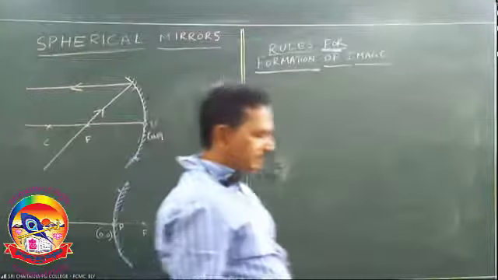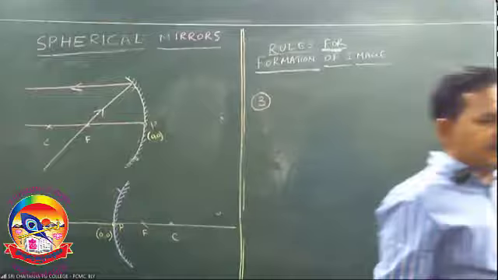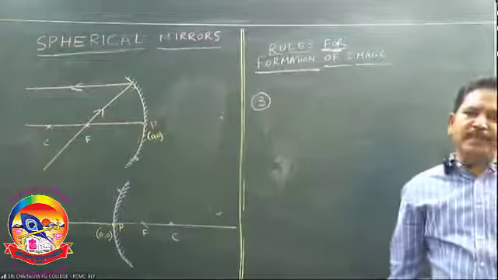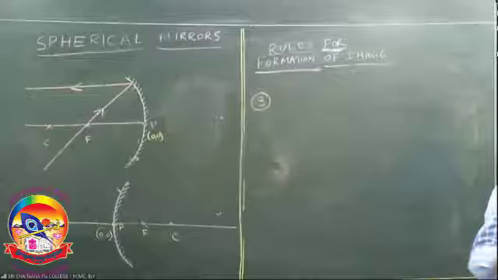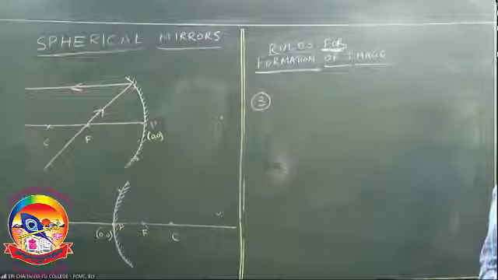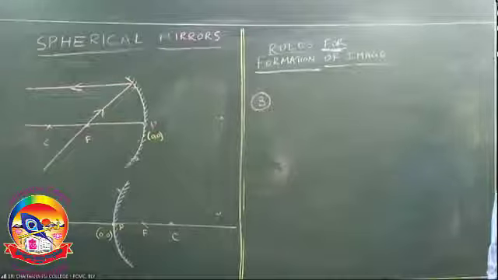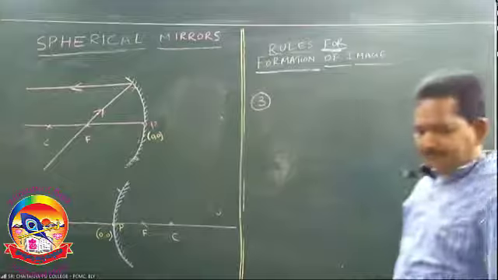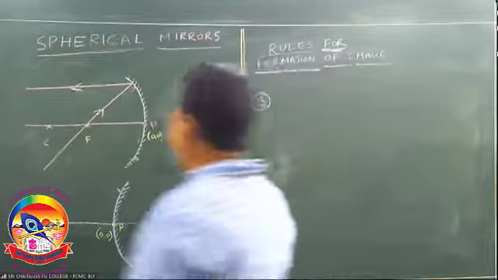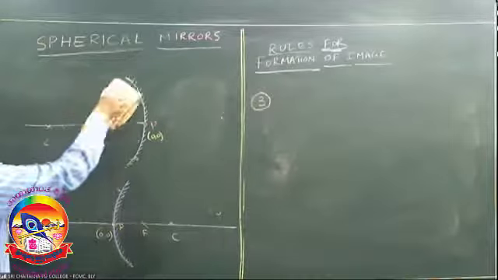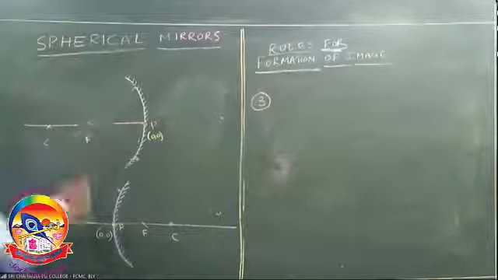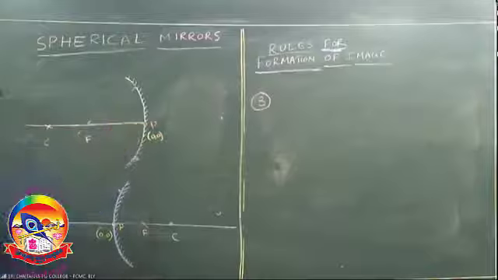Now, the third rule which we have to follow, most important. What is that one? If the light ray falls onto the concave mirror, passing through center of curvature, reflected back, retraces its path in the same direction. What I mean to tell? First, if we see the diagram, we'll have the clarity.